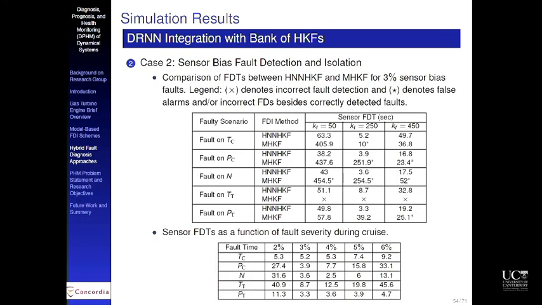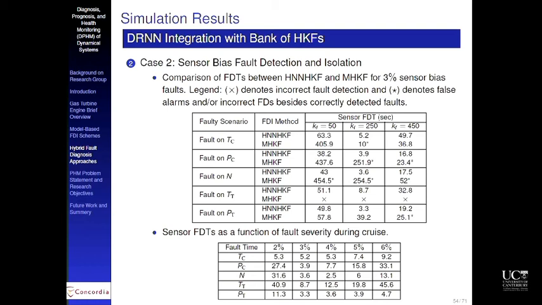And with this slide that I close, this actually now tries to quantitatively show the improvement of this HNN HKF, which is my neural network and hybrid solution, versus my previous method, the model-based approach. And you can see that in some cases, the detection time is shortened by a factor of 10.